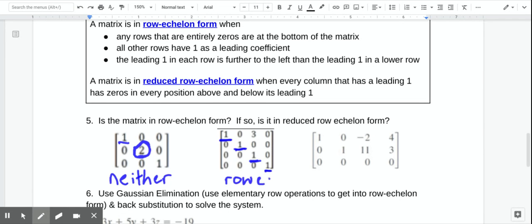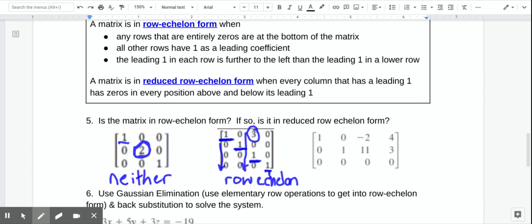It met all of the requirements. Now we want to see if it's in reduced row echelon form. Every column that has a leading 1 has zeros everywhere else. So we're looking at this leading 1, all the rest zeros. So far, so good. This leading 1, all the rest zeros. This leading 1, that is not a 0. So this is not in reduced row echelon form. It's in row echelon form.